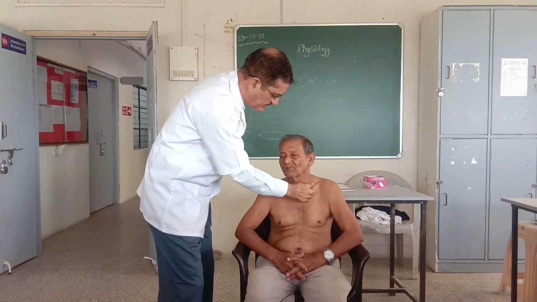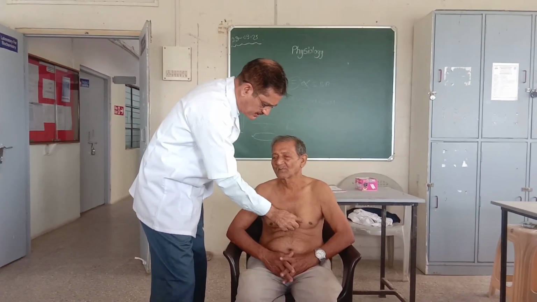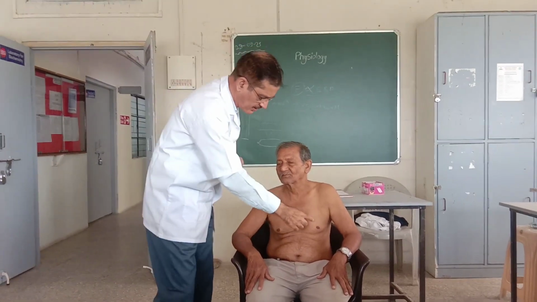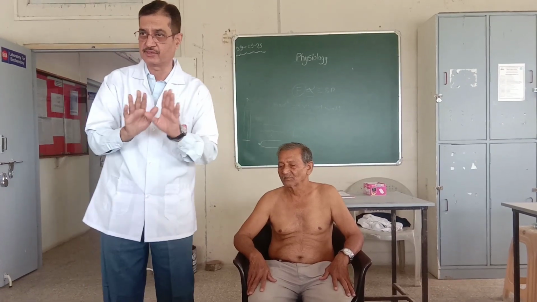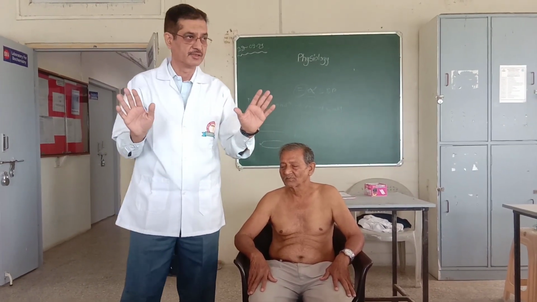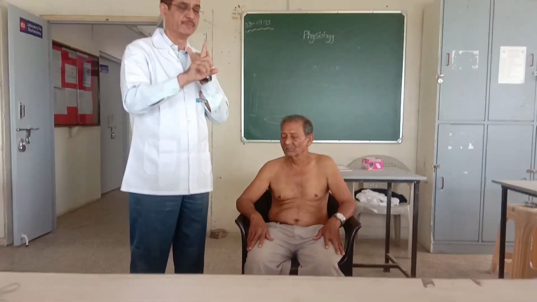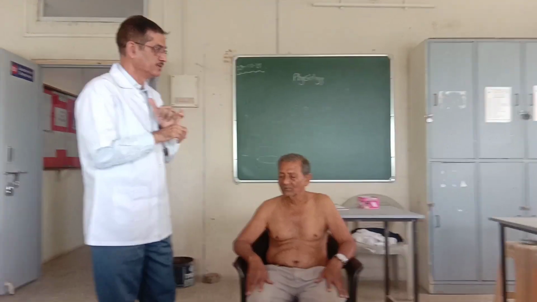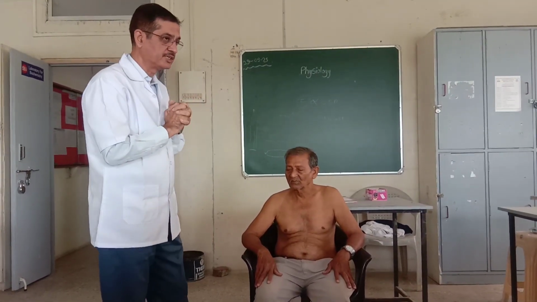So approximately this line runs here, and the apex beat is present 1.2 centimeter inside mid clavicular line, somewhere here. But in this subject it is not visible, being a fatty person. In females also it is not visible because of presence of breast. So this is just the inspection of apex beat.